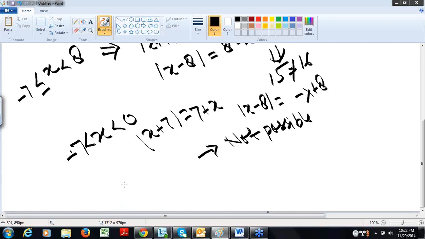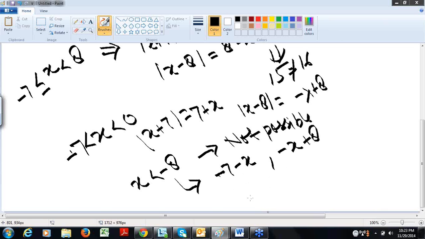Now the next condition is x less than minus 8. For this condition, modulus of x plus 7 will become minus 7 minus x, and modulus of x minus 8 will become minus x plus 8. So just add these two.